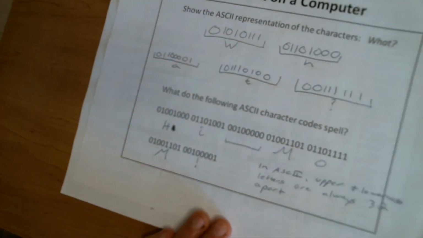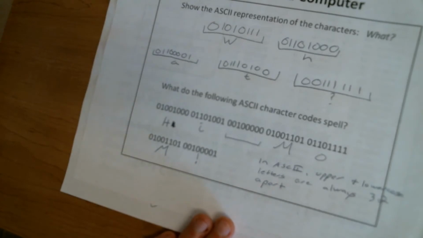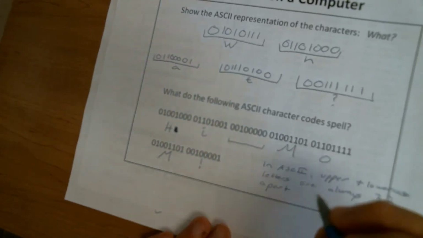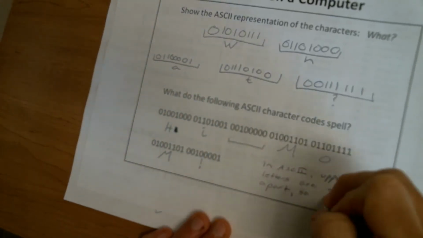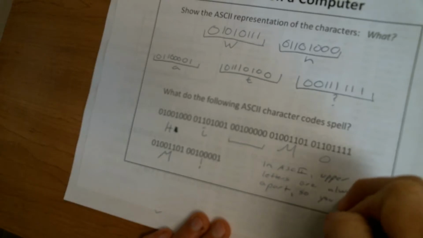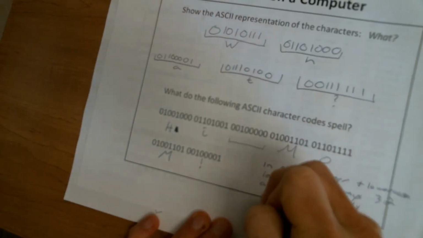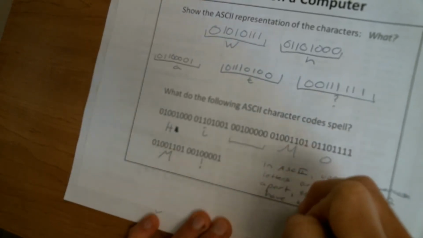So to convert between upper and lowercase, all you have to do is flip a single bit. So it makes it very easy for computers to go between the uppercase and the lowercase representation of a letter, because you only have to flip one bit.